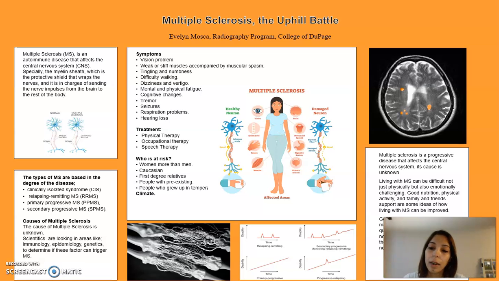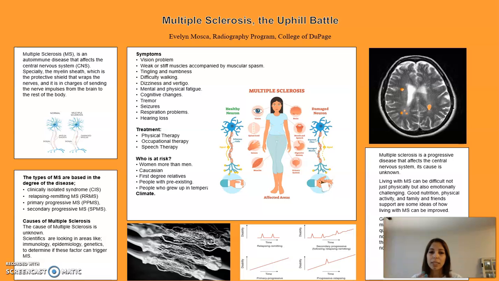The cause of multiple sclerosis is unknown. Scientists don't know what causes it, but they are always looking into the areas of genetics, immunology, epidemiology, and climate to see if any of those factors may trigger MS. They're looking into genetics, even though MS is not a hereditary disease, which means it cannot pass down to further generations.